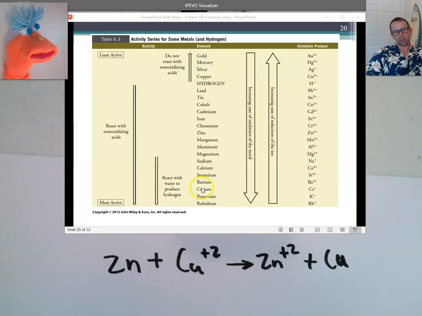They would prefer not to be metallic. They want to be active and lose their electrons. Whereas if you have ionic gold or ionic silver or ionic copper, these ionic species that are very unreactive will take electrons from whatever species they can and form their metallic elemental form.